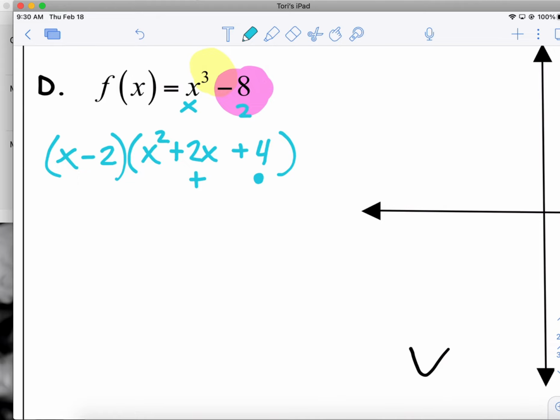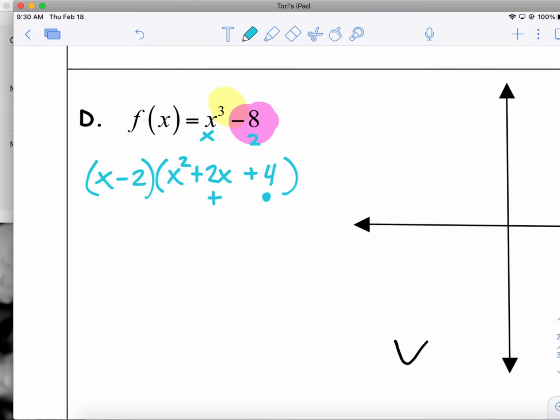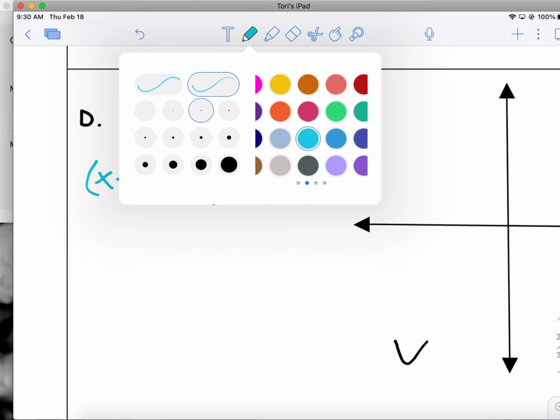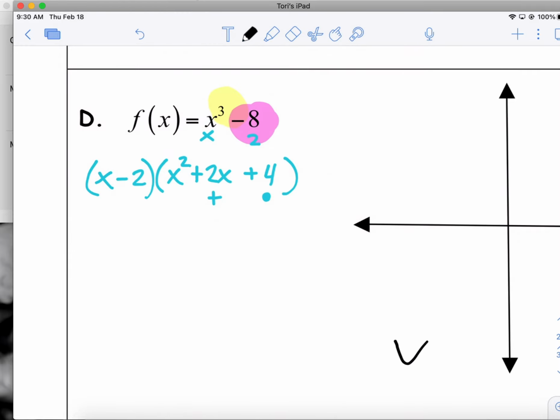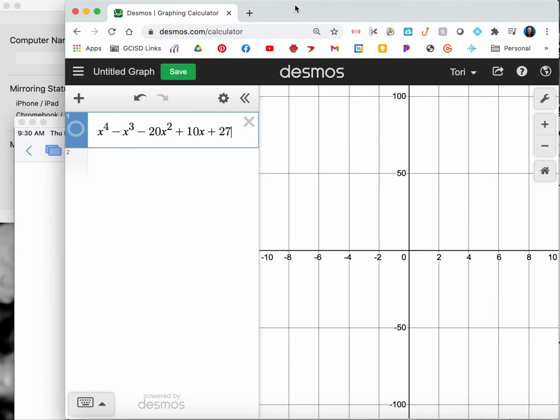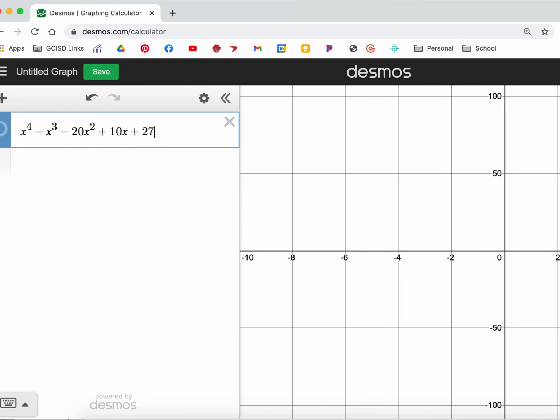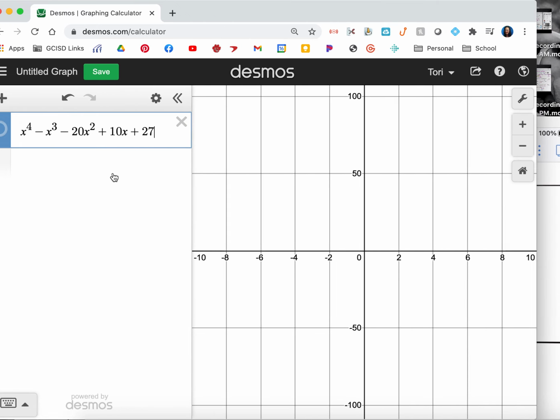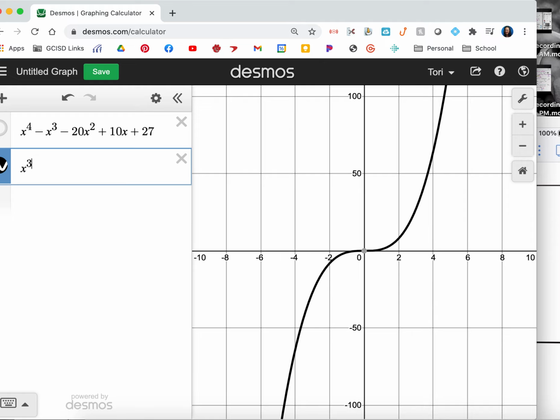So in this problem, the only place I can hit is this 2 right here. Okay, and I'll show you how we can check that again. So if I move and put my calculator back, sorry about that. All right, so we're saying x raised to the 3rd minus 8.